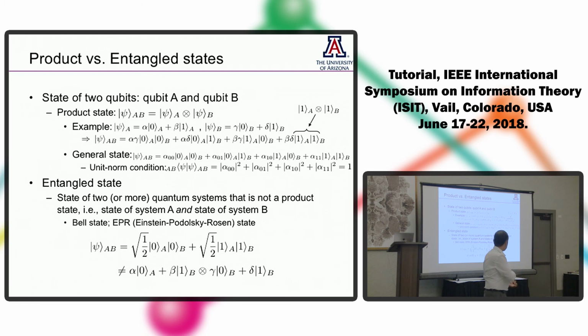I cannot, for instance, take this state and write it down as a product of two single-qubit states. Such states are called entangled states. This particular entangled state is a very interesting one, and we'll be using it as we go forward. This is called the EPR state, or sometimes the Bell state, the Einstein-Podolsky-Rosen state. It's very simple to write down: (|00> + |11>)/root 2.